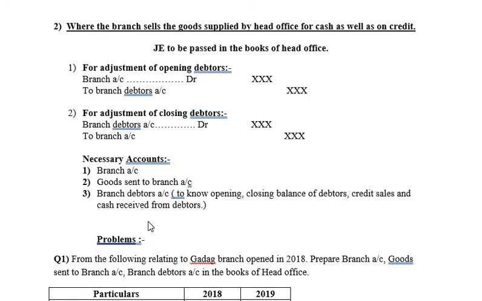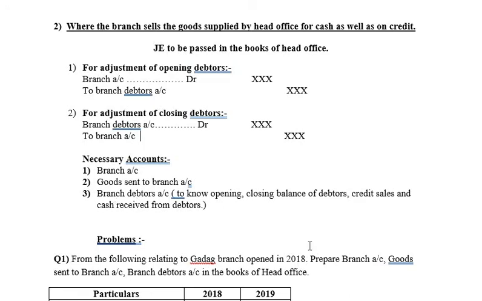It is prepared to know the opening balance of debtors, the closing balance of debtors, the amount of credit sales being done, how much cash is received from debtors, and so on. This will be the additional account apart from the other two. In case of cash, you prepare the branch account and goods sent to branch account. But if it is on credit, you will have another account prepared, the branch debtors account.